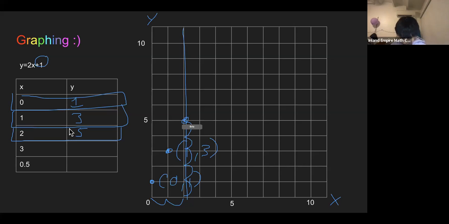Which would mean that the point is going to be here, this point right here. And then we can also mark that 2, 5.